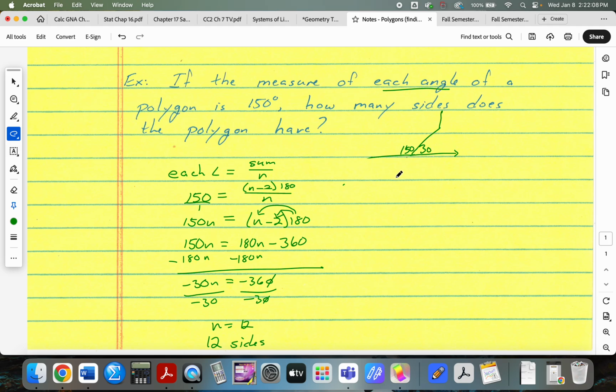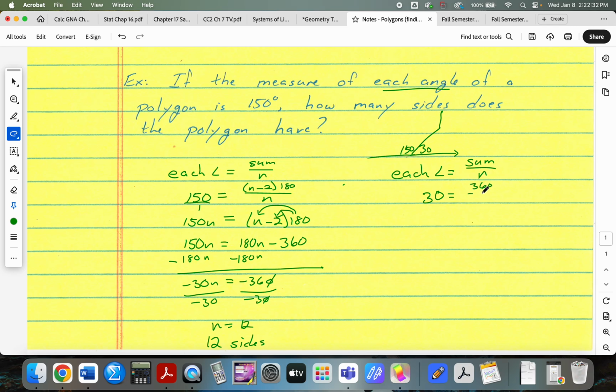That actually makes the algebra a lot easier. Each angle is the sum over n. So 30 is equal to, and what's the sum of the exterior angles? 360.